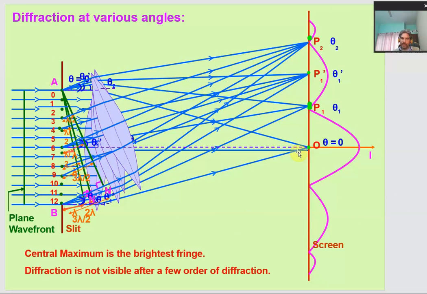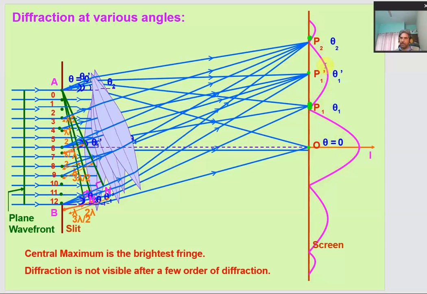And why is the intensity of the central bright fringe maximum, and why does it go on decreasing for successive bright fringes? It is because at the center of the screen, all the light coming from different sections of the slit interferes constructively and hence gives rise to a bright fringe at the center of the screen. And successive bright fringes are less intense.